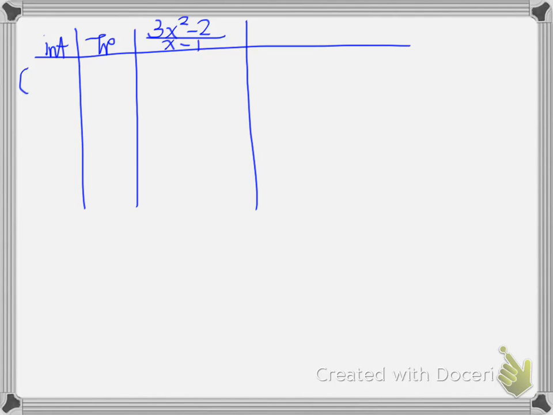It's basically what we're trying to find out is when does the graph go in the positive area, so above the x-axis, and when does the graph go below the x-axis. So all the intervals are stated based on the vertical asymptote and all the x-intercepts, because that would be the only time that the graph could possibly cross.